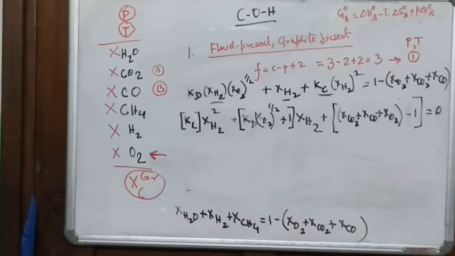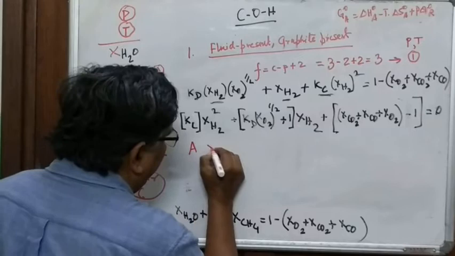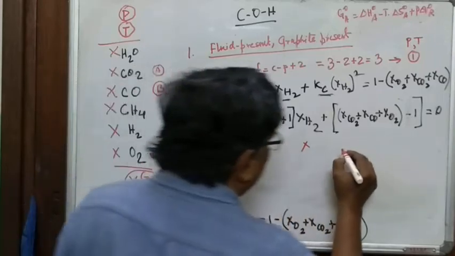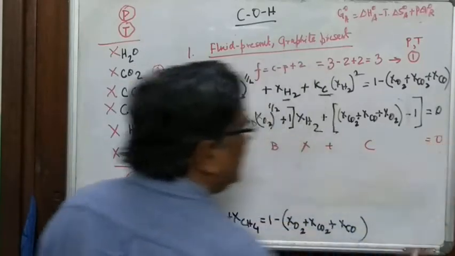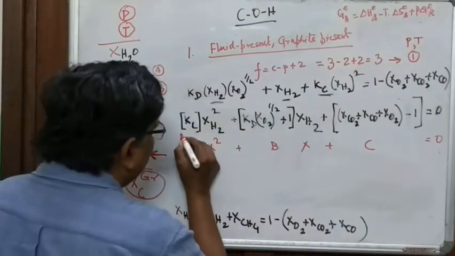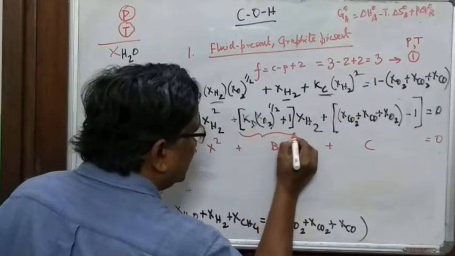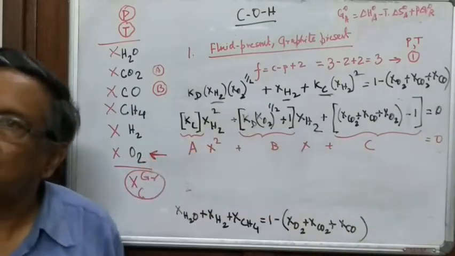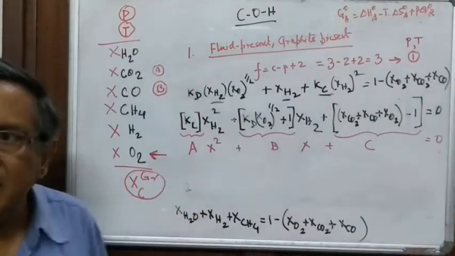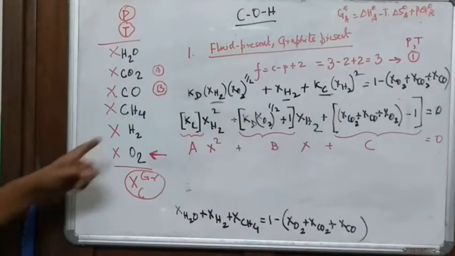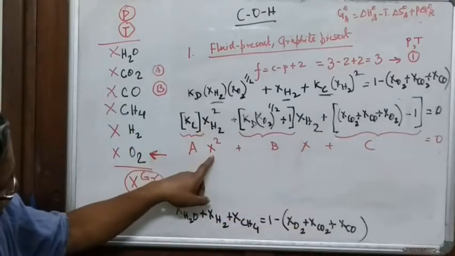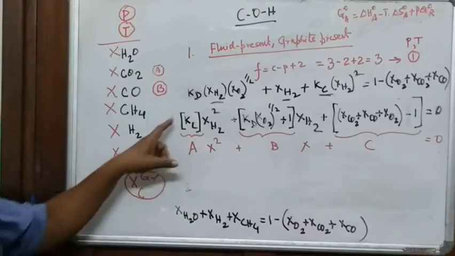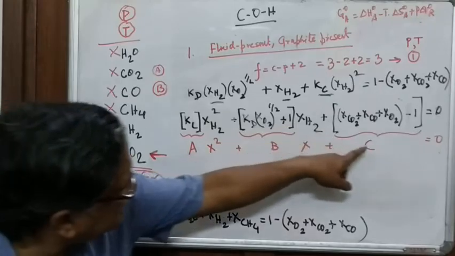Now I will write AX square plus BX plus C is equal to 0. Do you see that? This is a quadratic equation in XH2, where your X square is essentially XH2 square. So Kc is like A, B is this one, and this is C.